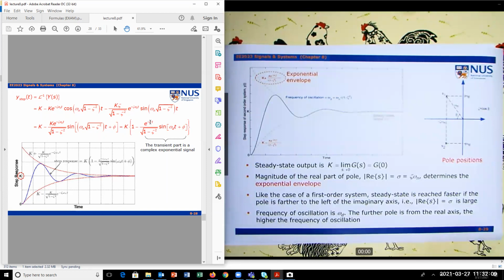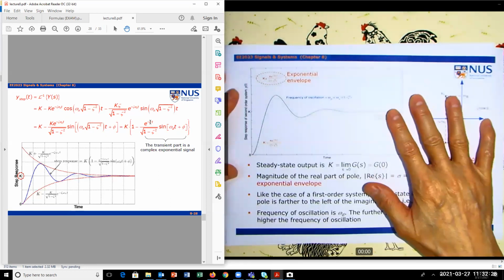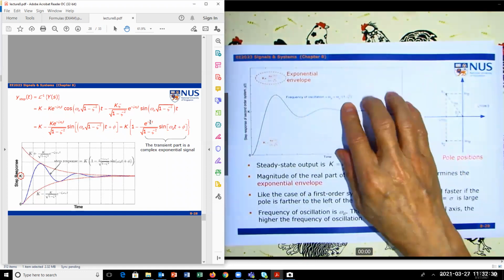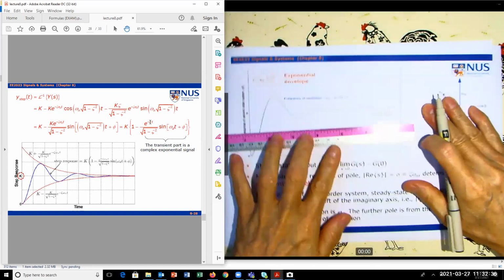Those are your clues to figure out what is K, what is omega d, what is omega n, and what is zeta. So how do we do that? In this diagram the picture is a little bit hard to see, so let me redraw the steady state line here so that it's easier to see.